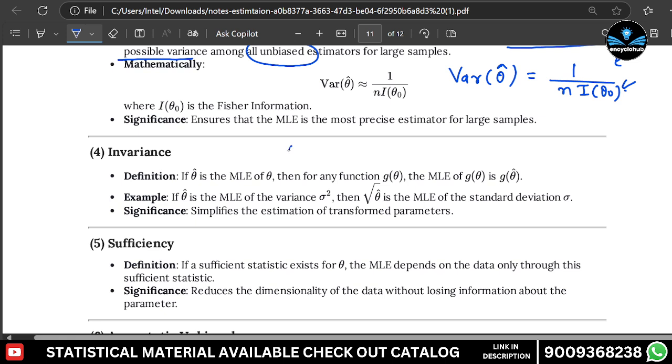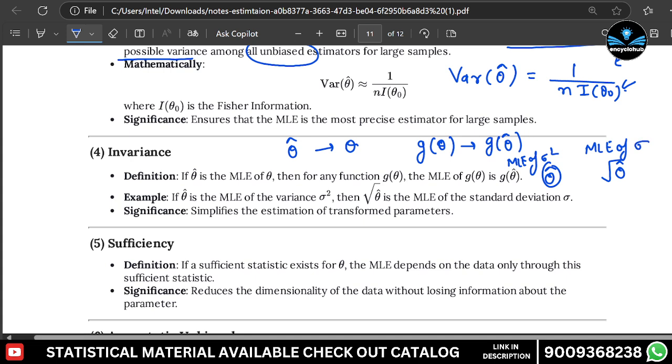So if theta cap is the MLE of the variance sigma square, then the square root of theta cap will be the MLE of the standard deviation sigma. This is the property of invariance.